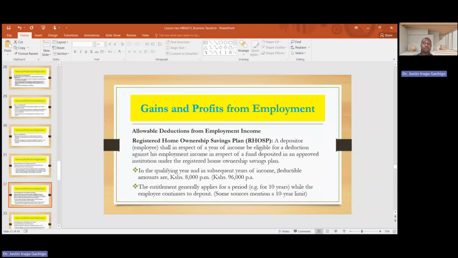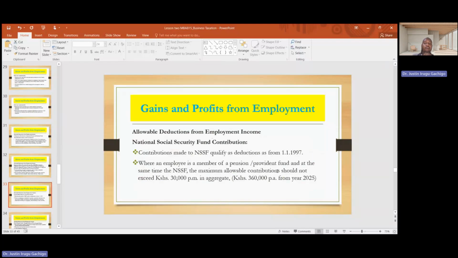Then we have the registered home ownership saving plan. For this plan, the amount that is allowable per year is 80,000, and you are supposed to enjoy this amount for a period of 10 years. So 10 years is the limit. Then we have NSSF.